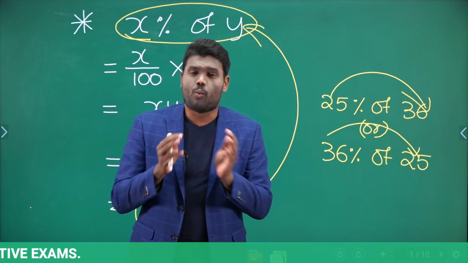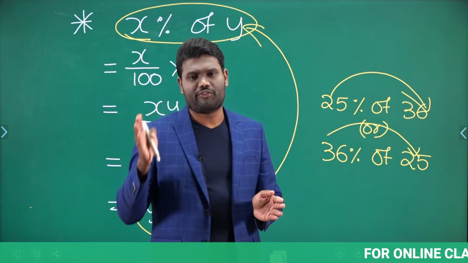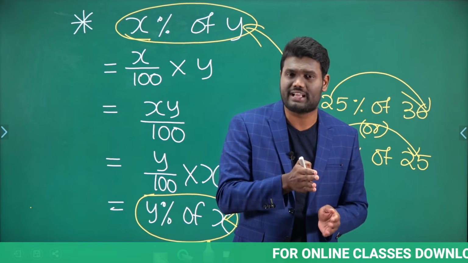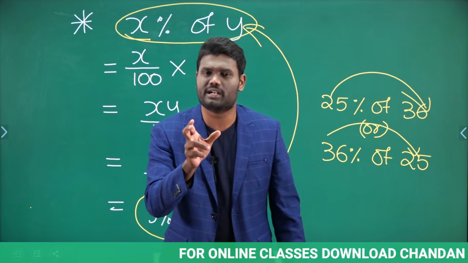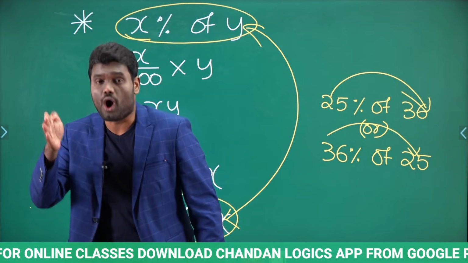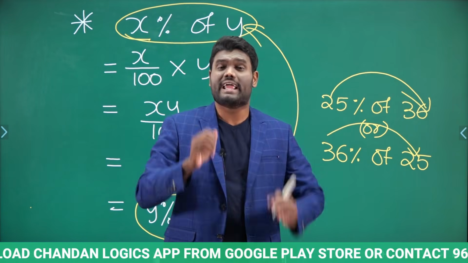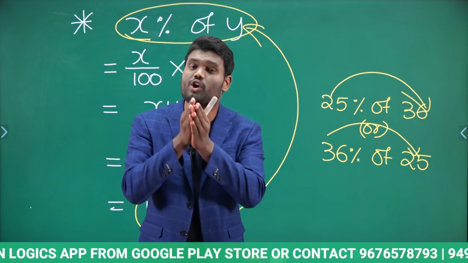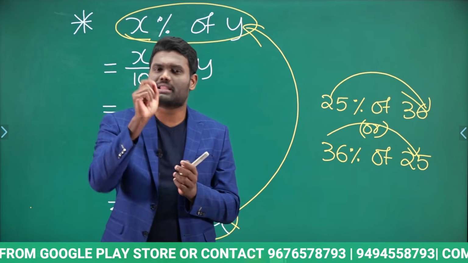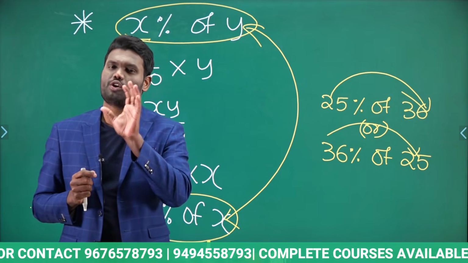That is the reason, if you know the concept that x percent of y is the same as y percent of x, then based upon your flexibility, you can convert x percent of y to y percent of x, or y percent of x to x percent of y. It's up to you once you know the concept. So remember the point: x percent of y is the same as y percent of x.